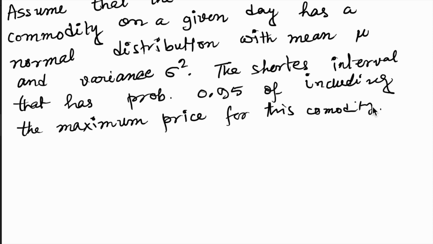So we have to calculate the shortest interval that has the probability 0.95 of including the maximum price for this commodity.